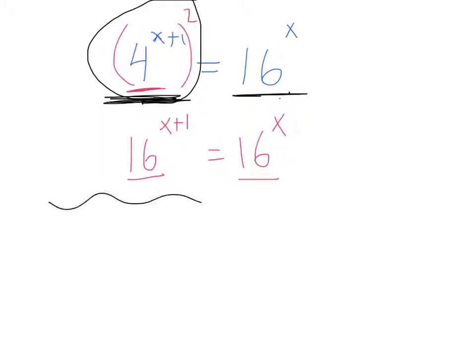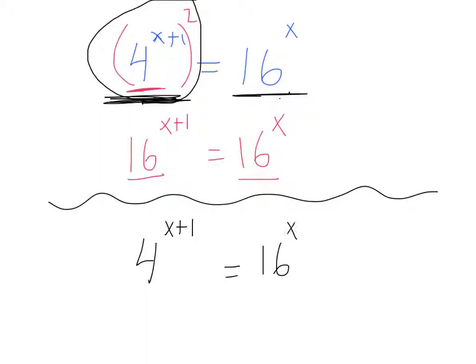The correct way of doing this would be getting a common base by scaling down. 4, what is that a power of? Well, it's a power of 2. That's 2 squared to the x plus 1. 16, well, that's 2 to the 4th to the x.